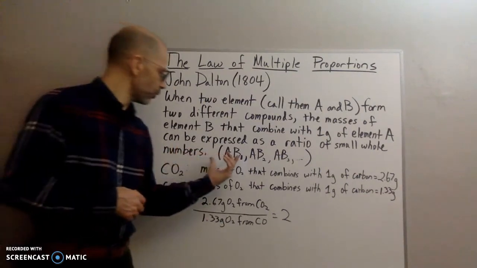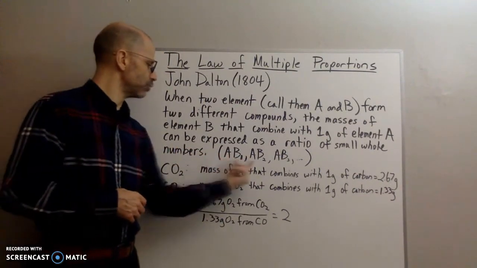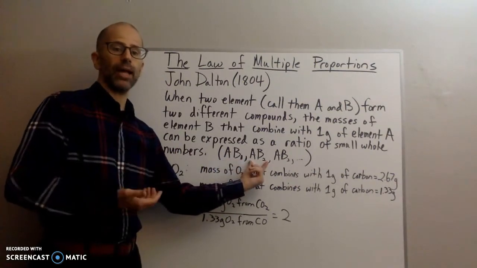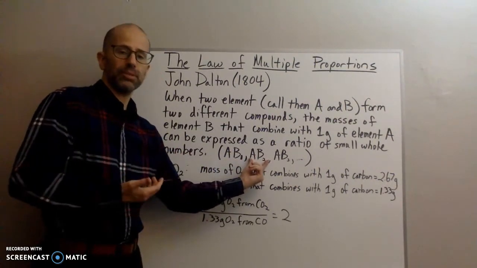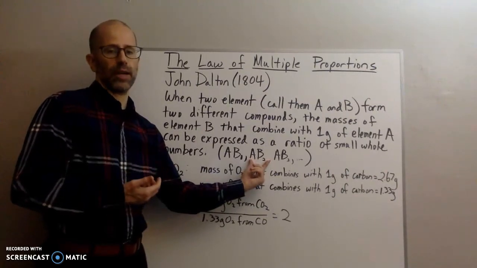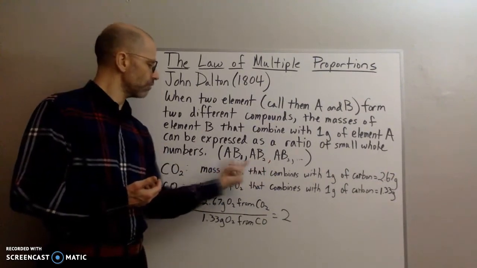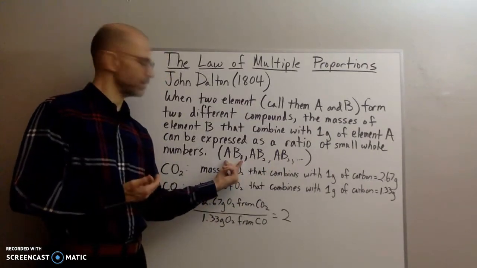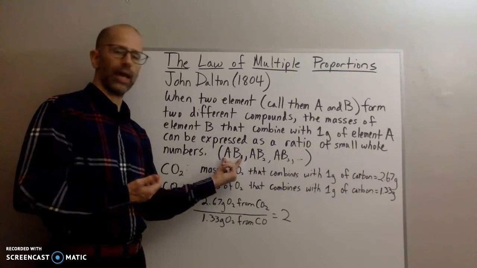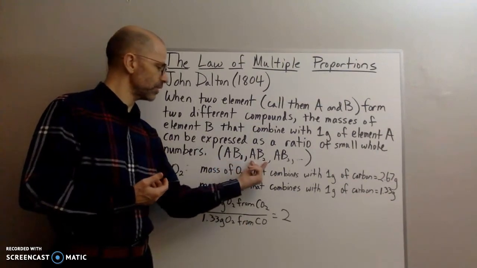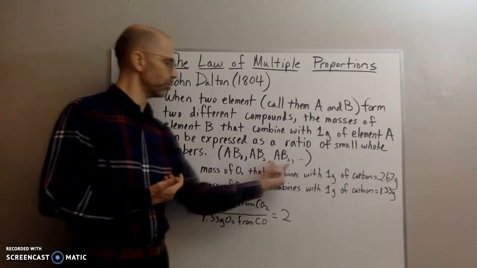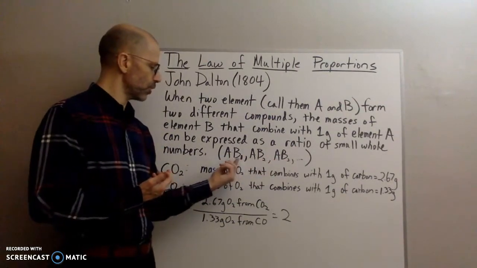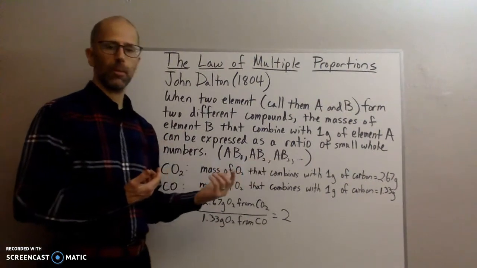So if I have two substances made up of the same elements, but they're different substances, then what makes them different has to be the number of the atoms. This one would be 1 A, 1 B. This one would be 2 B's for every 1 A. This would be 3 B's for every 1 A. So the only way that these substances differ is in the number of B's.